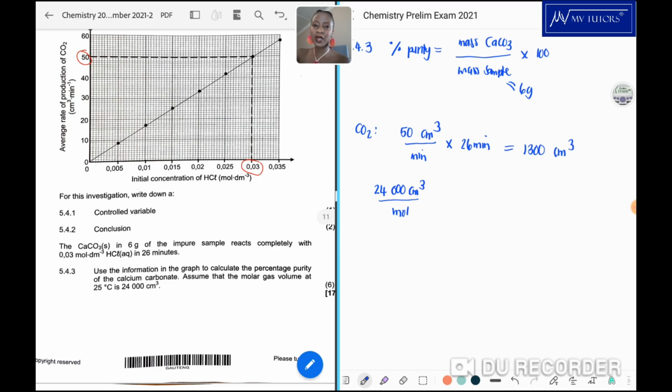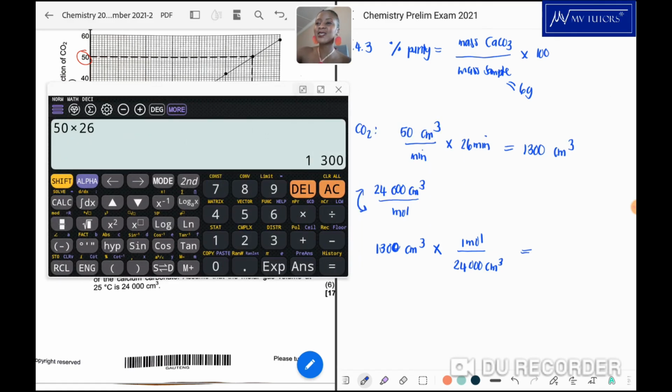Okay, so what will I have to do? I will have to take the volume of carbon dioxide, which is 1,300 cubic centimeters. Because I'm looking for moles, I'm going to have to swap these around. So for 1 mole, I have 24,000 cubic centimeters. The cubic centimeters are going to cancel, and I'll have the number of moles.